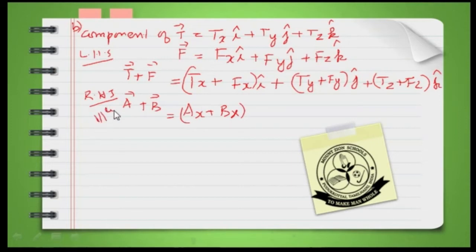Similarly, steps are same. So it is i cap plus ay j cap plus az plus bz k cap. So when you compare, here you may have, what is it?